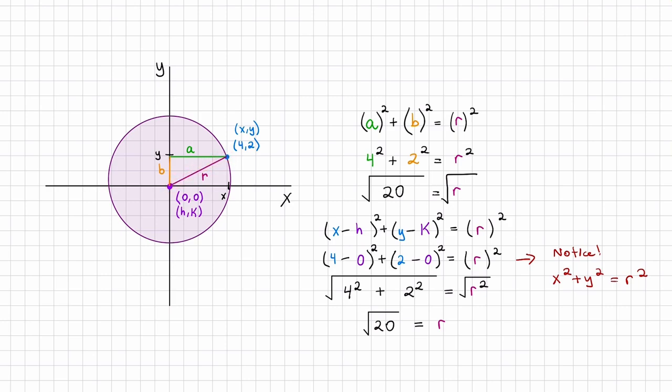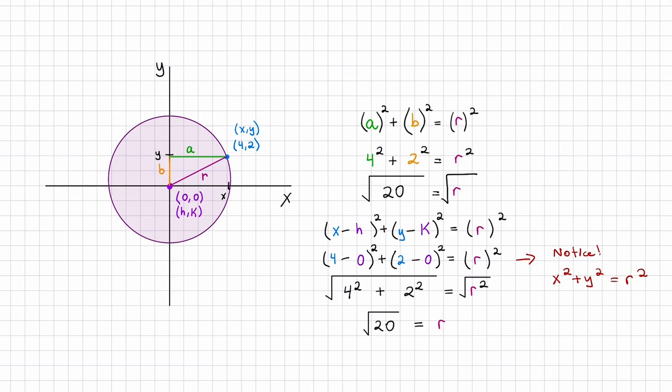So with this method, right, I recognized my center was 0, 0, and even though that feels a little odd, I labeled it as h comma k. And then my x comma y, I did 4 comma 2. So I plugged those values in, and I got 4 squared plus 2 squared under the square root. So r is equal to the square root of 20. Did everyone else get that? Okay, yeah, that sounds good.